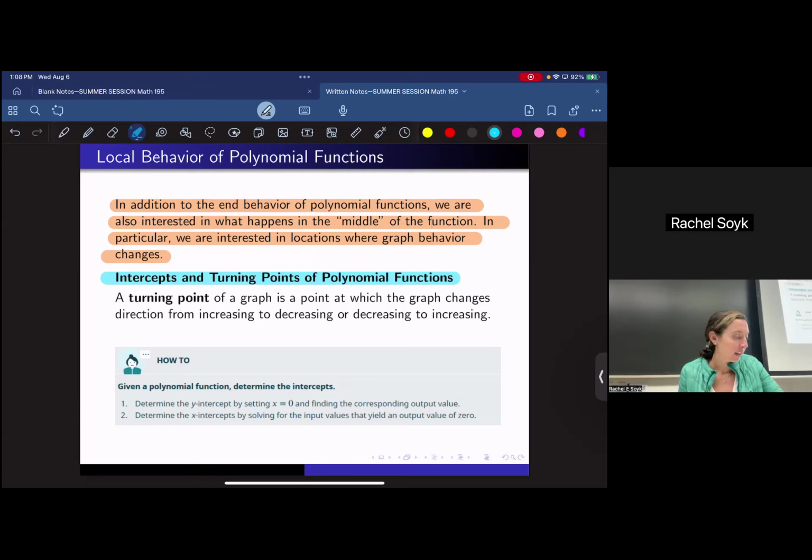It's sort of a preview into the intermediate value theorem, which is a very important theorem for identifying potential roots for your function. A turning point of a graph is just when you're going from increasing to decreasing or vice versa, decreasing to increasing.